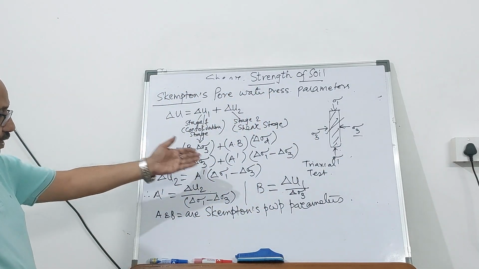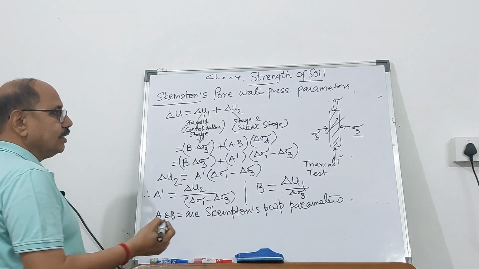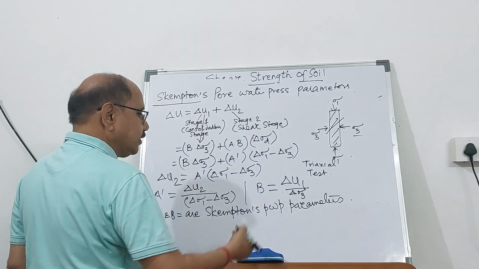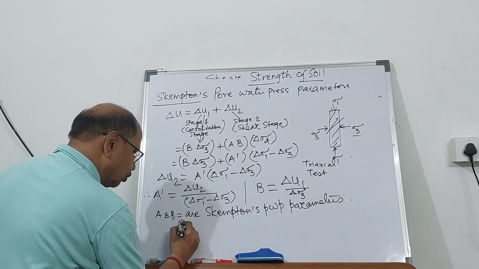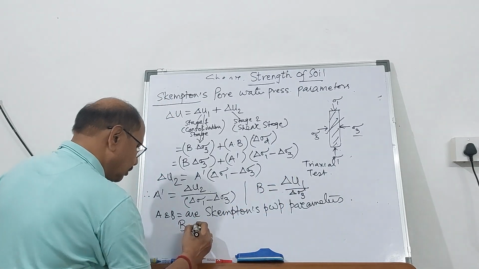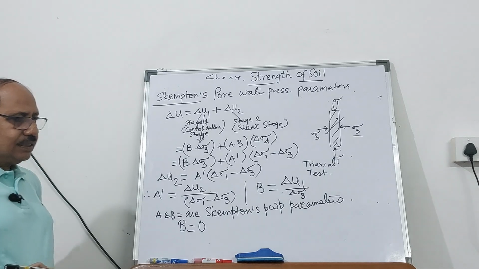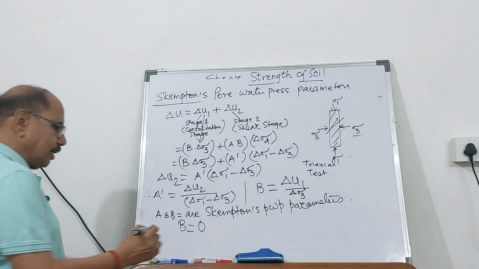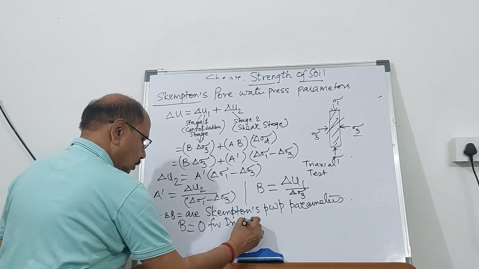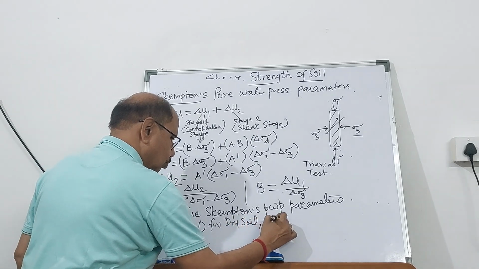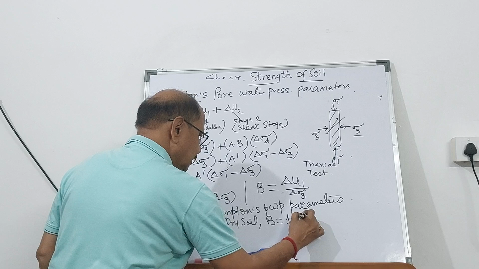Now, if the sample is completely dry, when you apply the confining pressure, there will not be any pore water pressure. So B will be equal to, what will be the pore water pressure for dry soil? It will definitely be 0 for dry soil. And B equal to 1 for fully saturated soil.